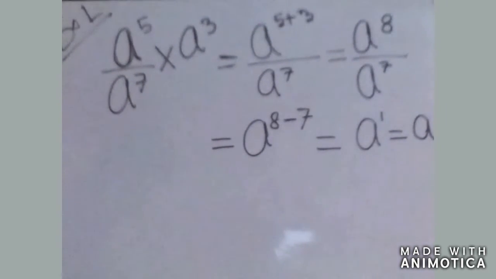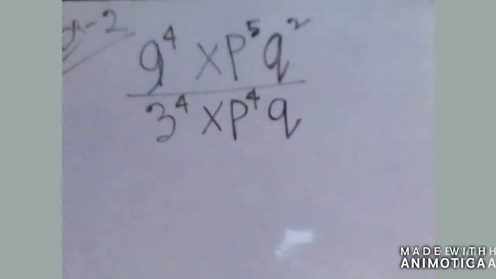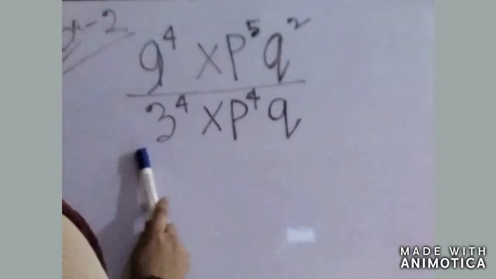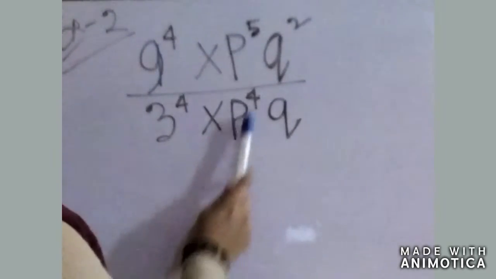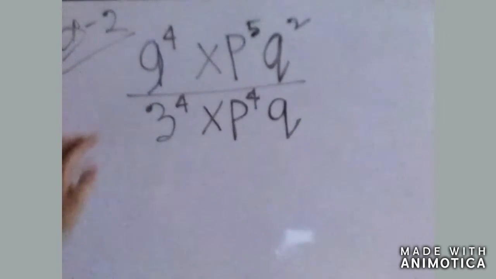Now we are doing the second example. Example number 2: 9 to the power 4 into p to the power 5 q square, in the denominator 3 to the power 4 into p to the power 4 q.